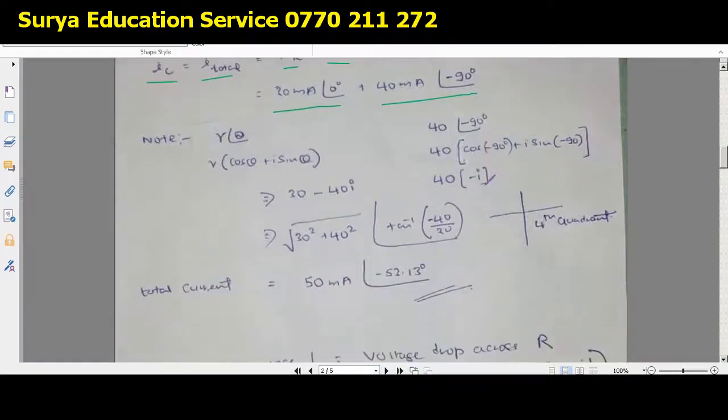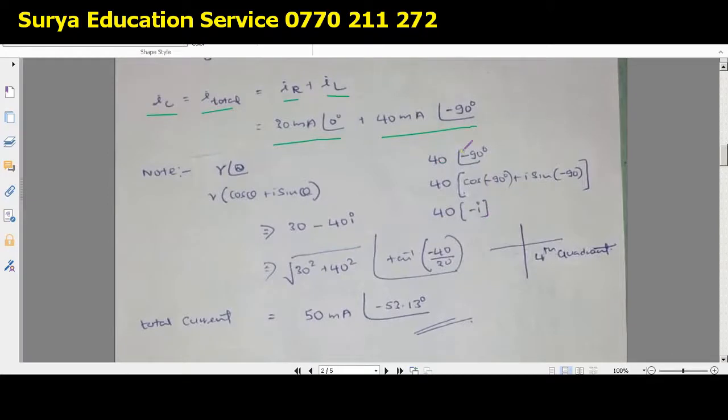Now again we are going to use the knowledge of complex numbers. Guys, there is some theory that you need to know. If the complex number is written as R and this symbol theta, this theta denotes the argument, the angle.